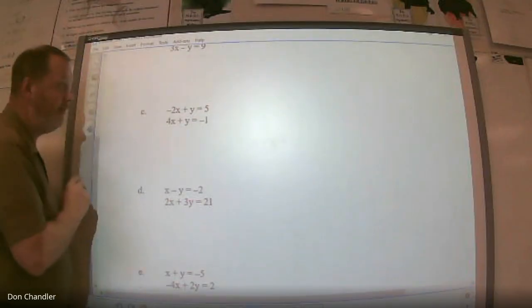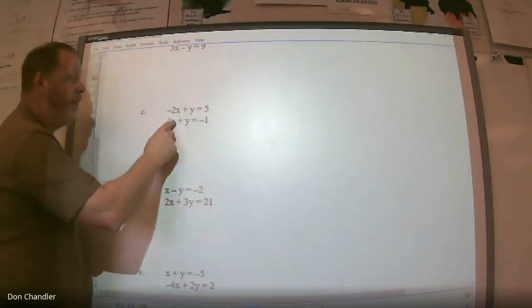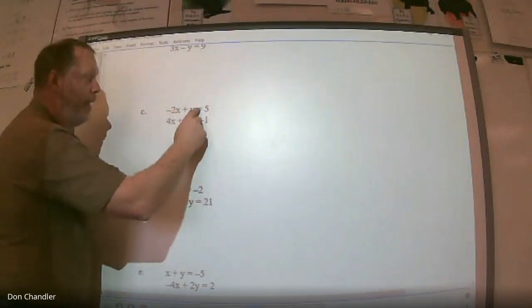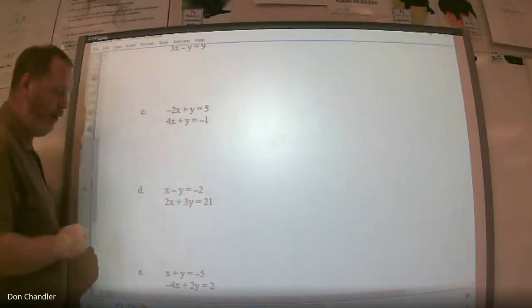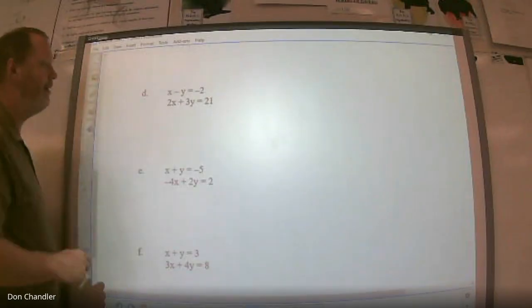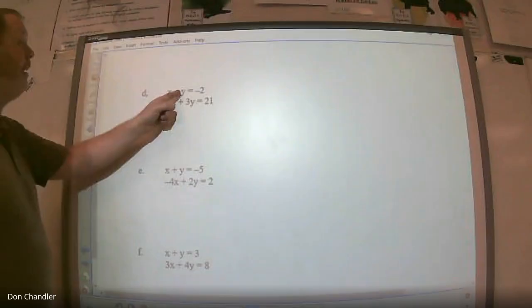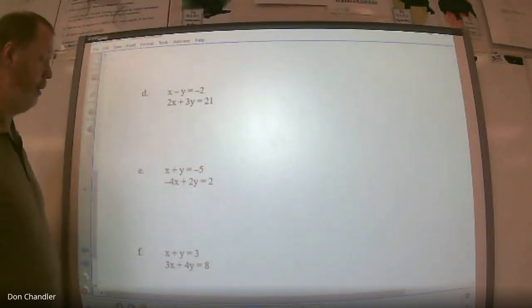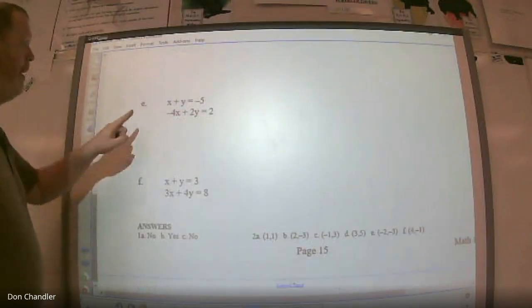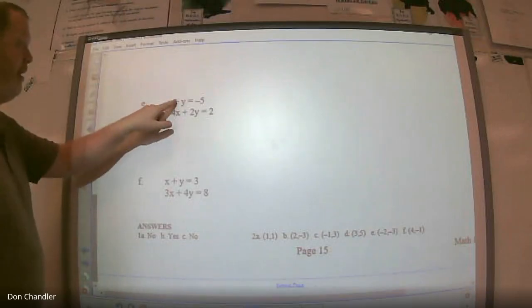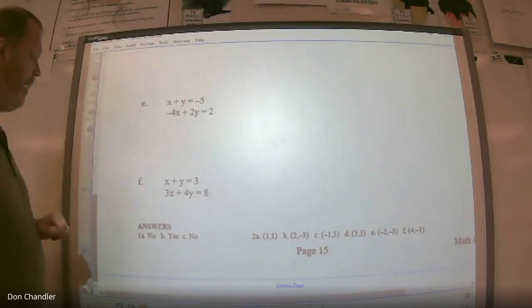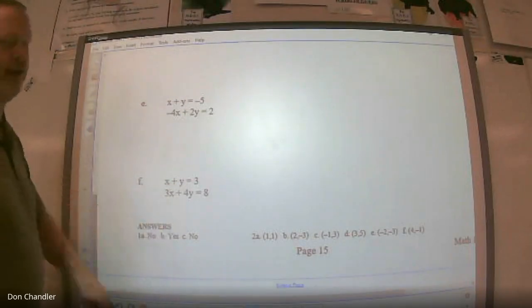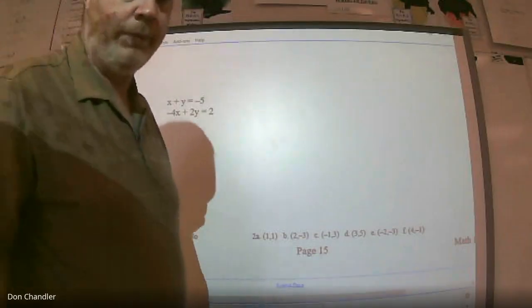In C, I don't care. One of these x's is moving over to the other side, and you'll get a y equals. In D, I'd probably move the y over and get x equals. In E, either y or x equals. In F, either x or y equals.